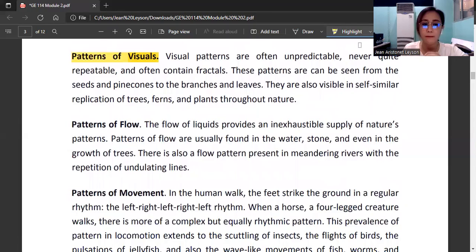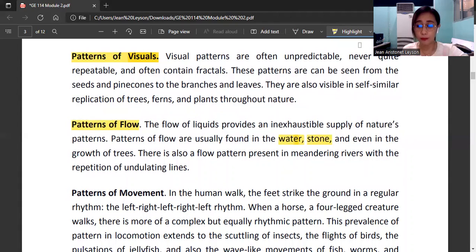Next, we have patterns of flow. The flow of liquids provides an inexhaustible supply of nature's patterns. Patterns of flow are usually found in water, in stone, and even in the growth of trees. There is also a flow pattern present in meandering rivers with the repetition of undulating lines.